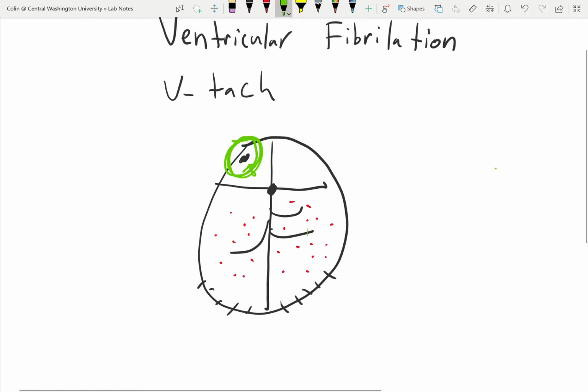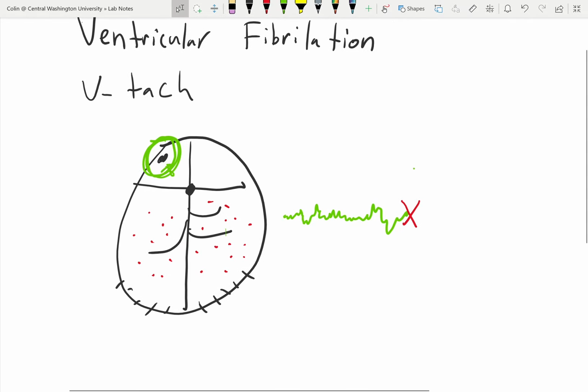So on the 12 lead, if we're in VFib and it looks like this, and then we shock right here, then what we're going to get is hopefully this period of quiet. And then the SA node picks up, the AV node hears it, holds it, and there we go. We are back to a normal heartbeat.